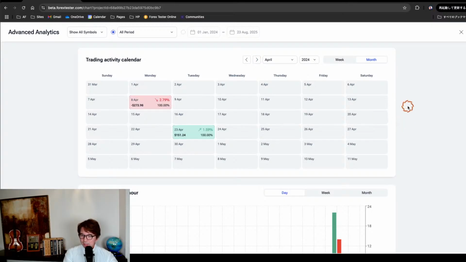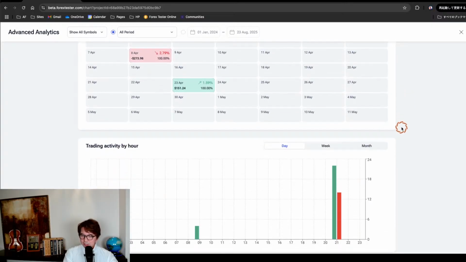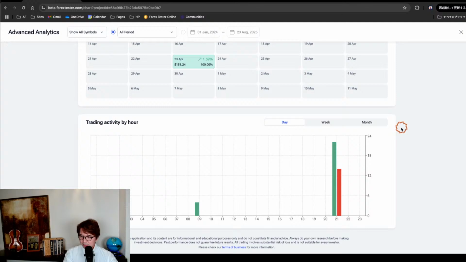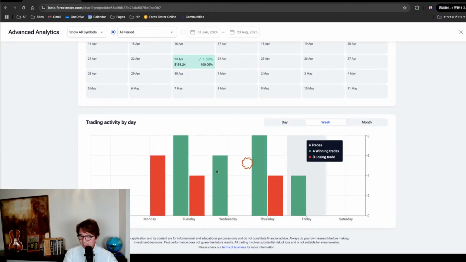Yeah, and trading activity hours. During the day, it seems I'm more active at 8:30 to 9:30. Weekly, I have 12 trades on Tuesday and 12 trades on Thursdays.